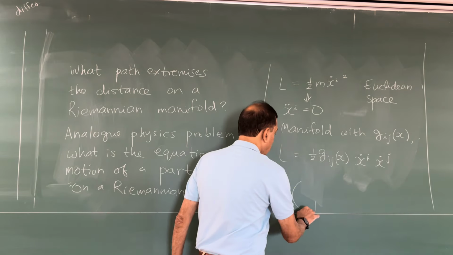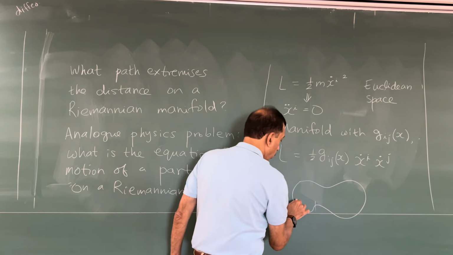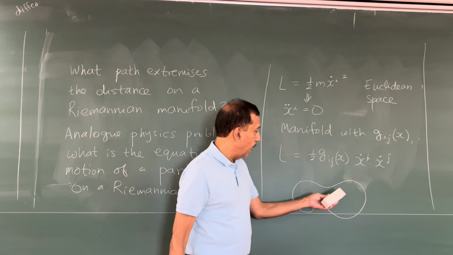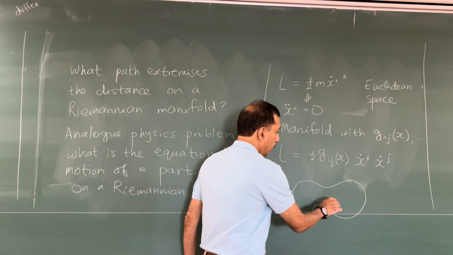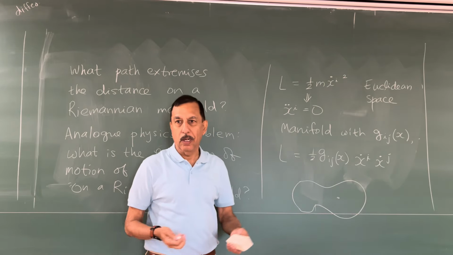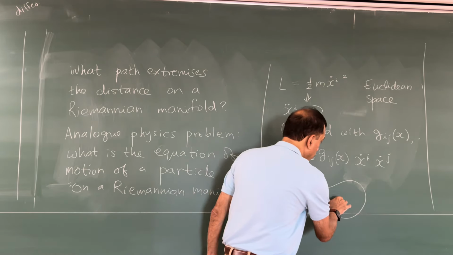And if you want to think a little carefully about this, you might say, well, if I have, let me take some weird kind of shape like this, and it's a two-dimensional shape. I make it out of some plastic or rubber or metal or something, and I put my particle here.